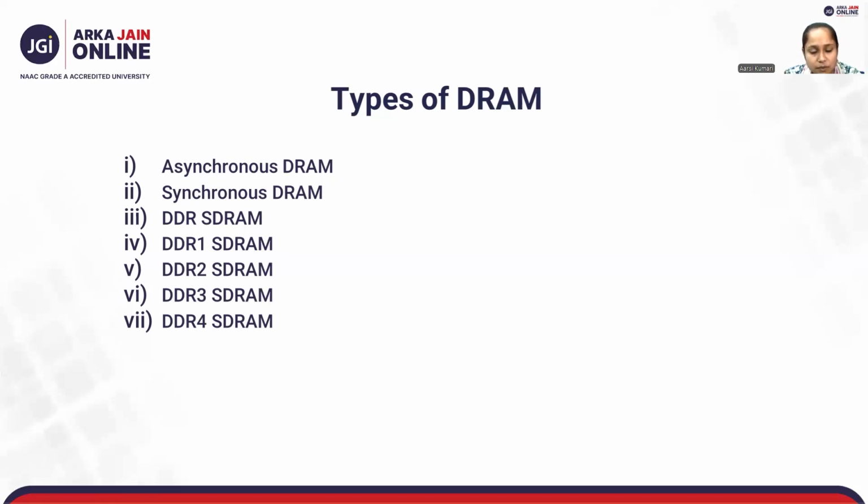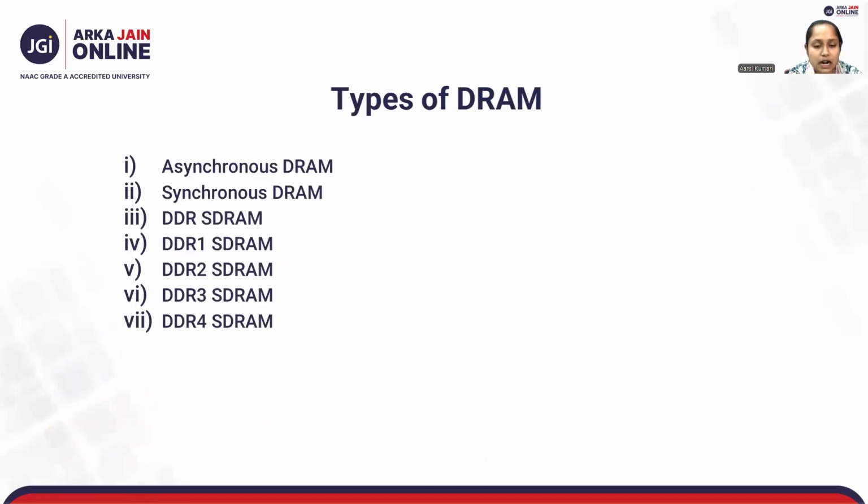It is mostly operated in the range of 133 MHz to 200 MHz. Furthermore, the data rate at the input-output bus is double the clock frequency because the data is transferred during both the rising as well as falling edge. So, if a DDR1 RAM is operating at 133 MHz, the data rate would be double, 266 mega transfers per second.